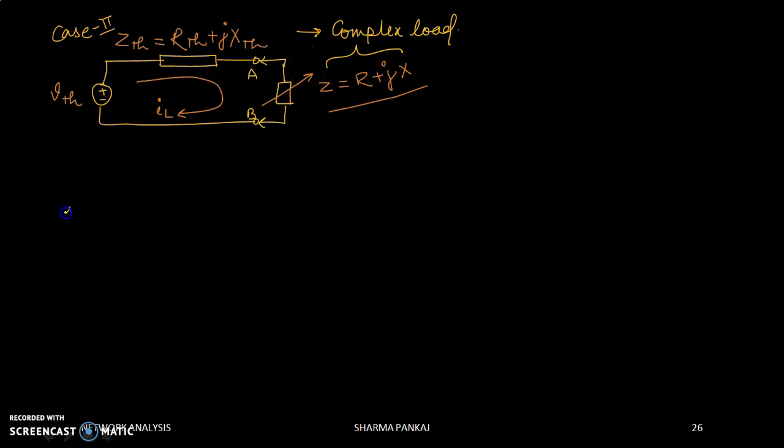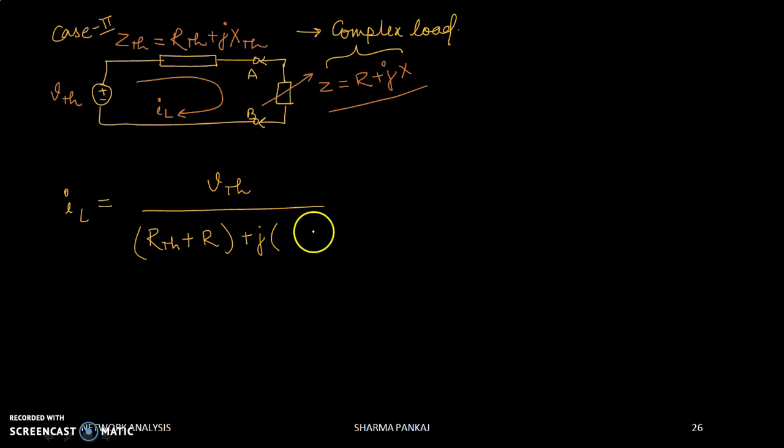So the load current IL is VTH upon RTH plus R. Keep real part with real part and imaginary part with the imaginary part, J XTH plus X. This is your load current.